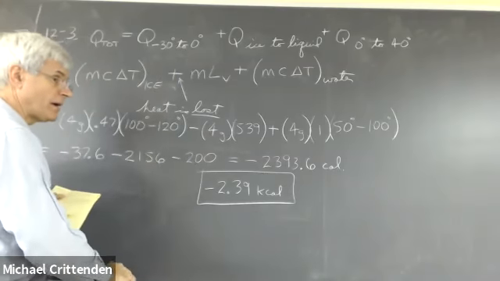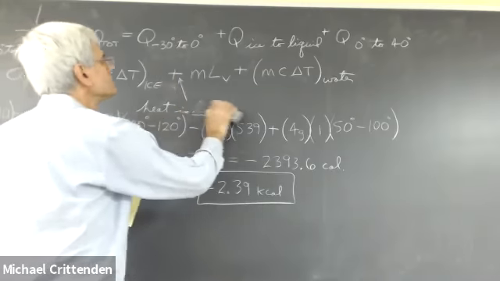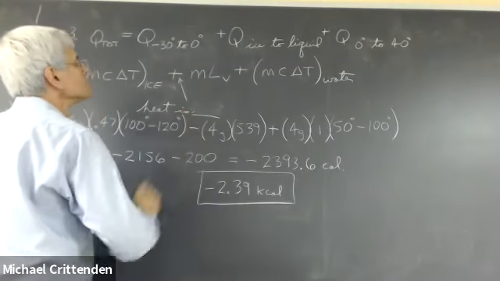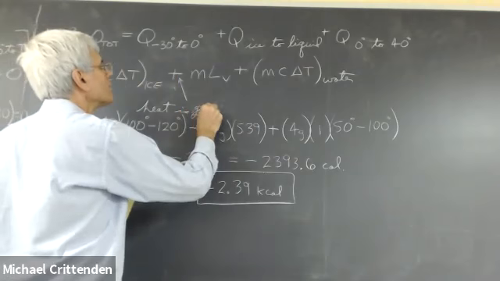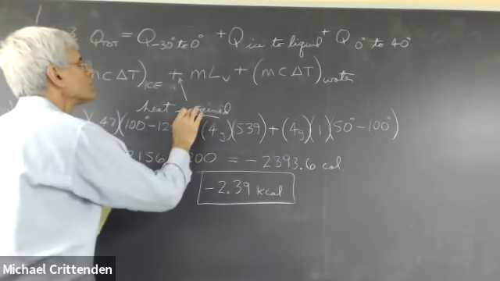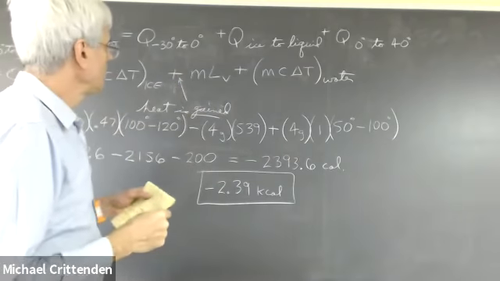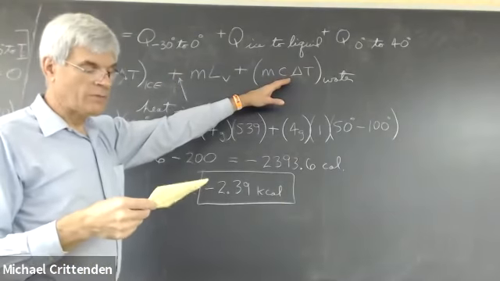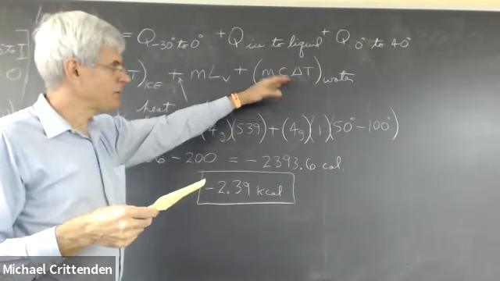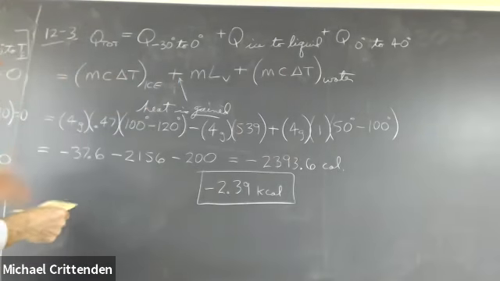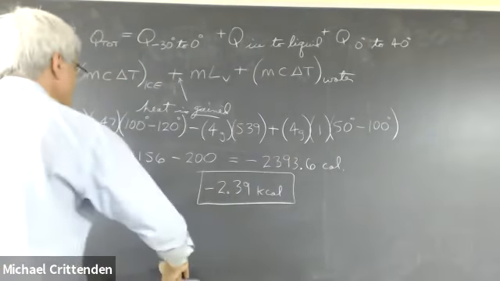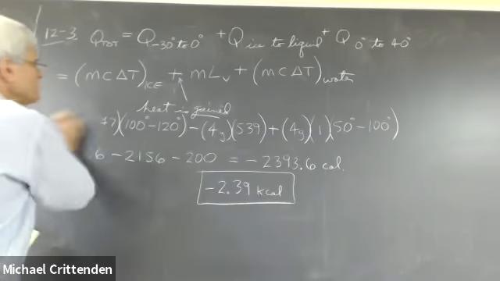So that's a plus sign now. And then MC delta T for the water after it melts. And then from there on down, I've got a completely different bunch of numbers, so I probably ought to just start fresh.